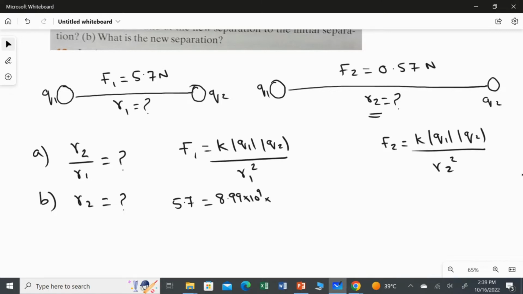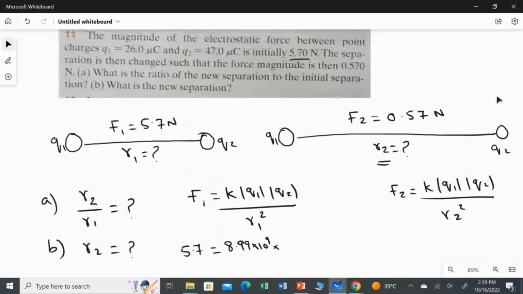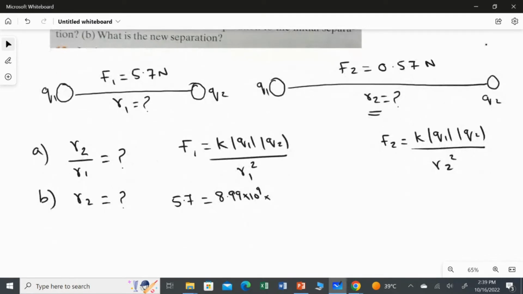The magnitude of the first charge is 26 microcoulomb, which is 26 multiplied by 10 to the power of minus 6, multiplied by 47 microcoulomb, which is 47 multiplied by 10 to the power of minus 6, divided by R1 square, because we don't know that value.